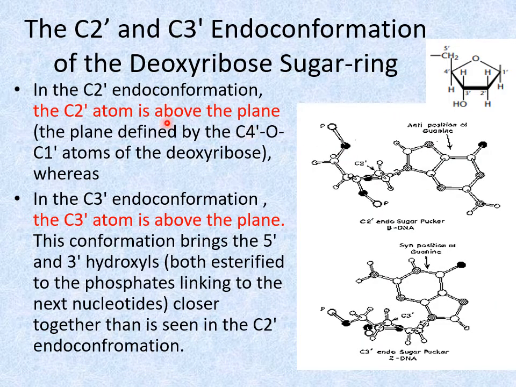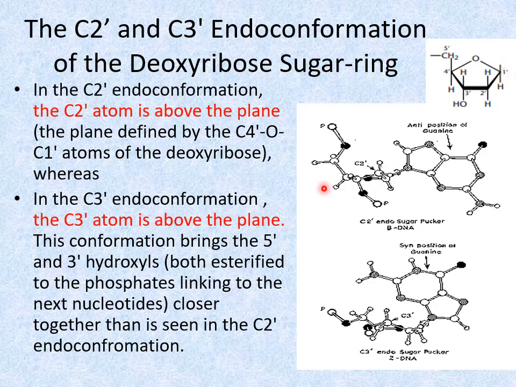Now, the second part of a DNA molecule is the nitrogen base. Nitrogen bases are attached to the sugar moiety at the C1 prime carbon of the sugar this way.